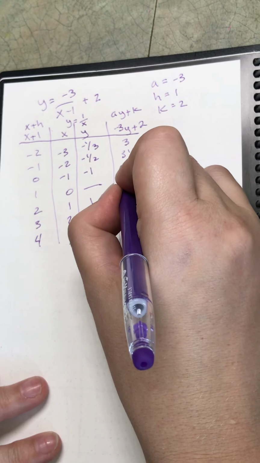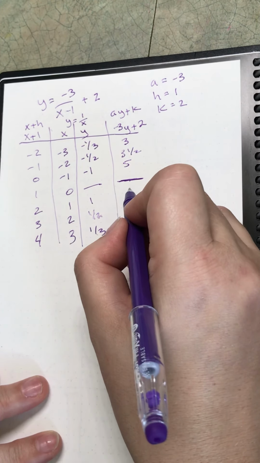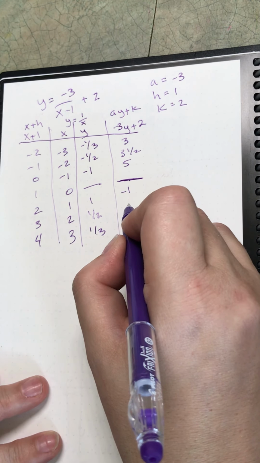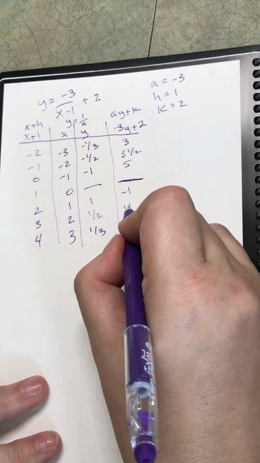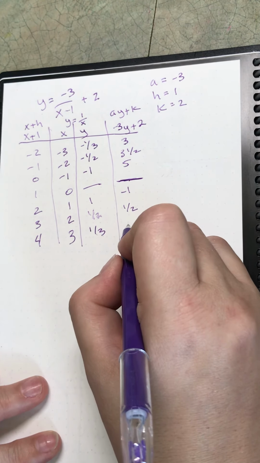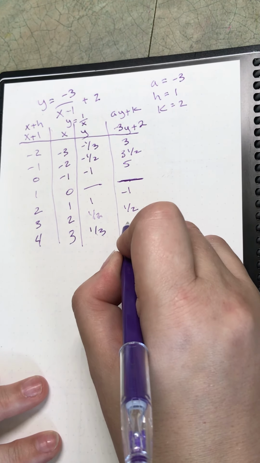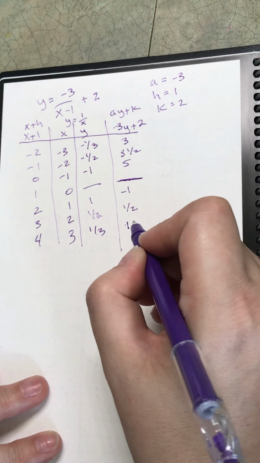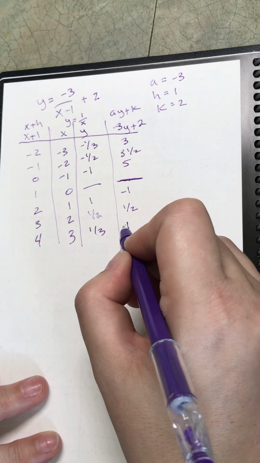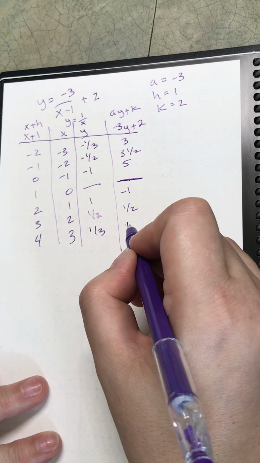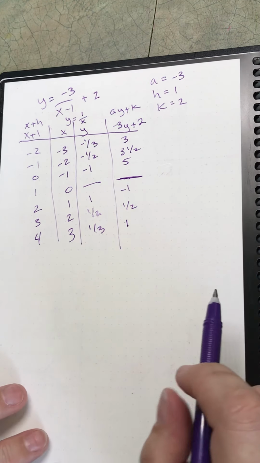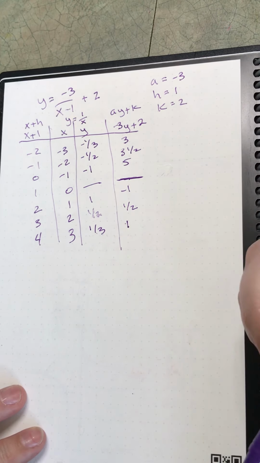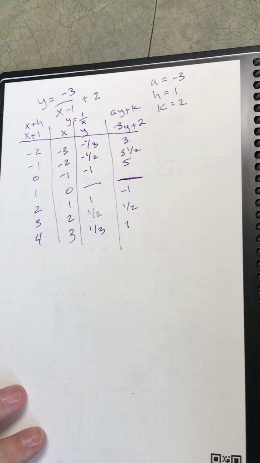And 5, negative 1. What am I doing wrong? Yeah, that's right. I just blanked out. So you get the points, and then you would graph them again. Okay.